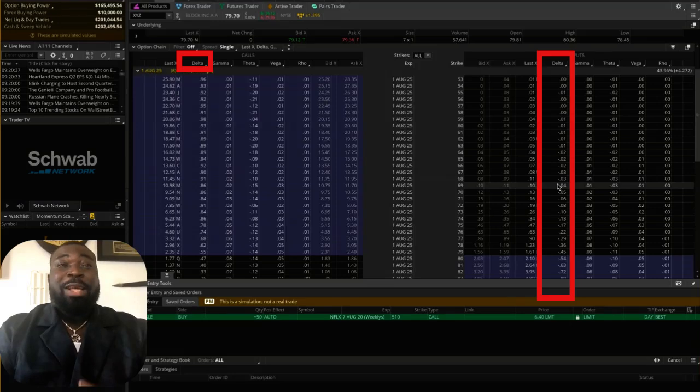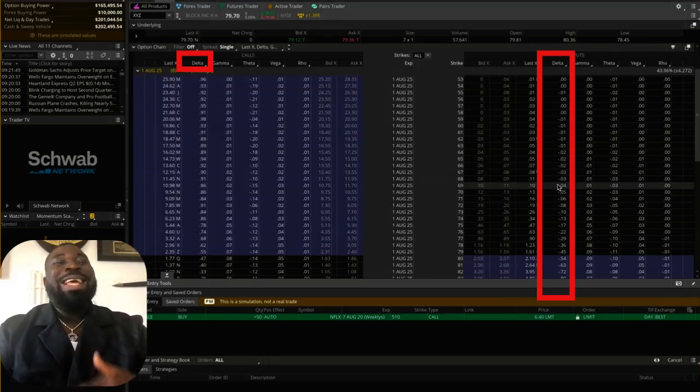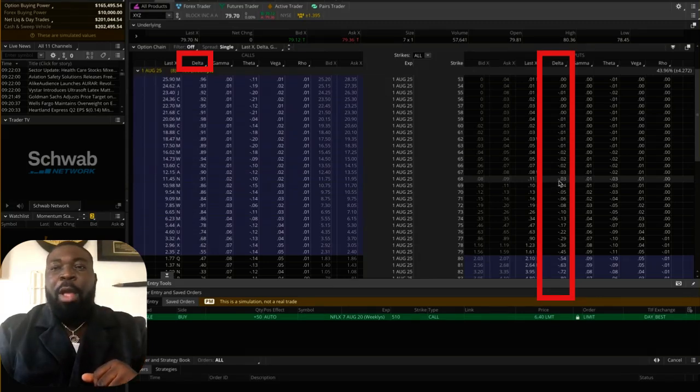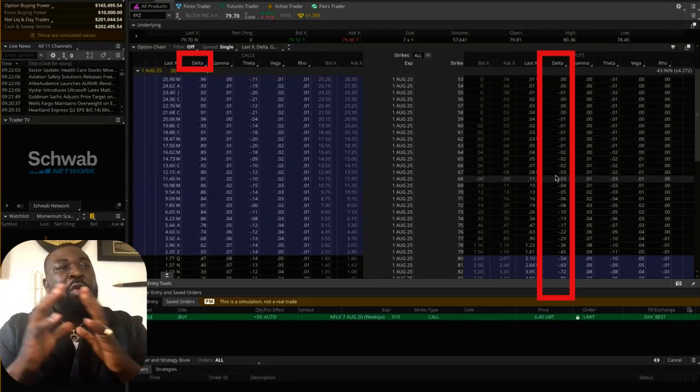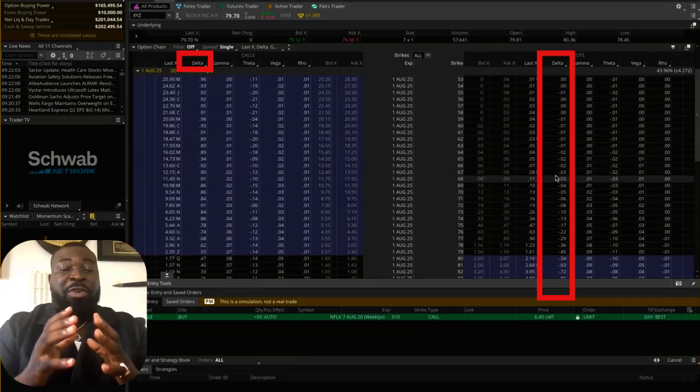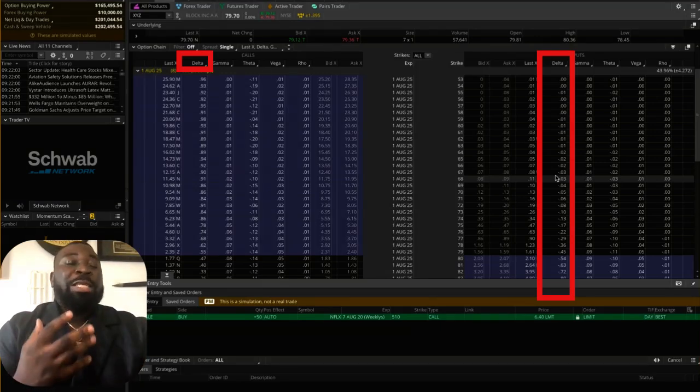So what you want as a buyer is a high delta, and what you want as a seller a lot of times is a low delta. I have literally another video where I break down how to use this to trade as a seller or a buyer, and I'll probably put that below or link it at the end of the video. So you see how if you're a buyer or a seller, the delta means different things and you need to consider it differently.